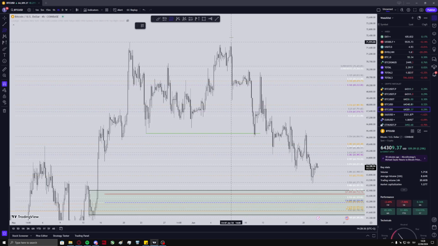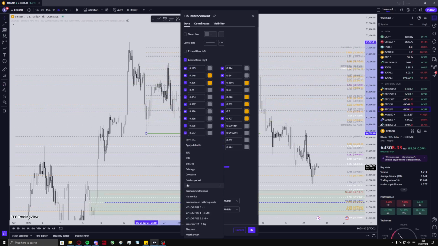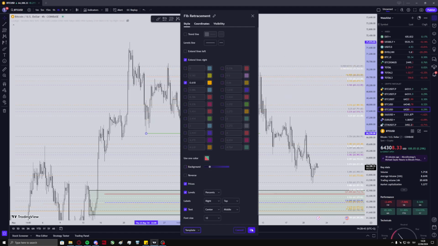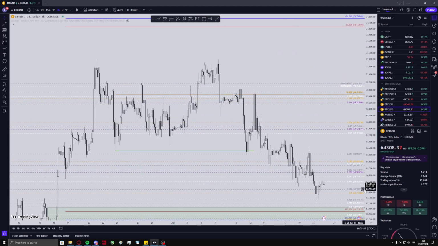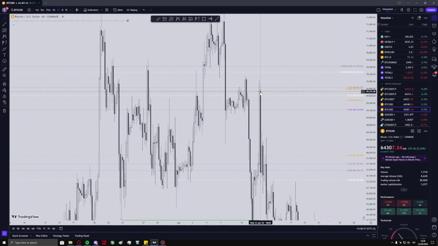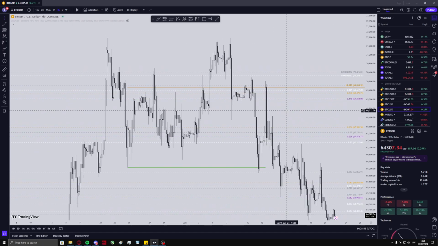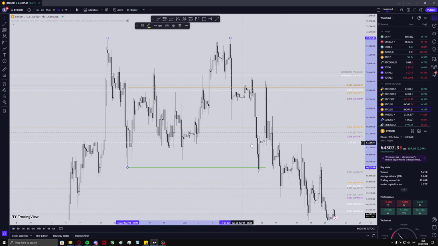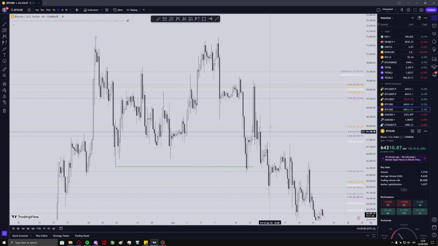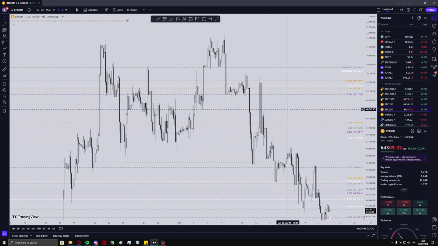What happens if you pull from the high to the low, like the 618? You can see this is exactly the area where we rejected, right? 618 of the breakout structure, right? It's pretty simple, very, very useful.